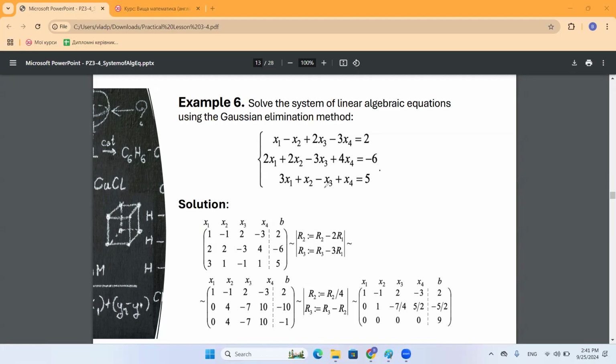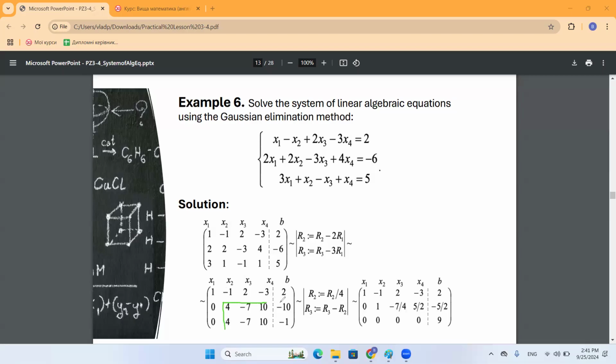Sometimes we have such systems, and these systems may have a solution or may have no solutions. They cannot be solved by the matrix or Cramer's formulas method, so we can use the Gaussian method. Here is the matrix of our extended system, and after elementary transforms, we get this one.